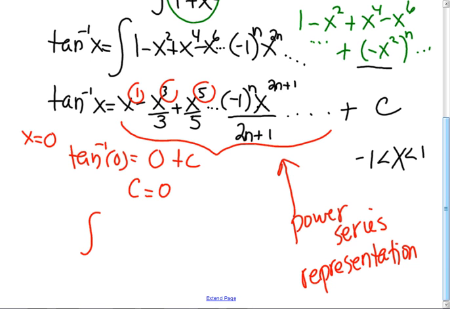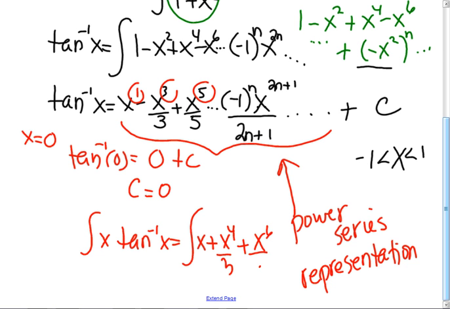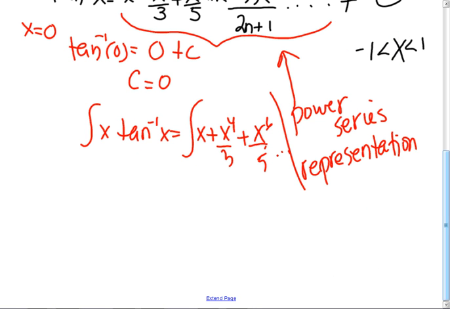If I wanted to integrate x inverse tangent of x, I would integrate x plus x to the 4th over 3 plus x to the 6th over 5, etc. And I can do that, can't I? Find those antiderivatives easily? It's just the power rule. I don't know how to integrate x inverse tangent of x. I don't even know if it's doable. I'd probably have to use substitution. That's techniques of integration, something you do in college.